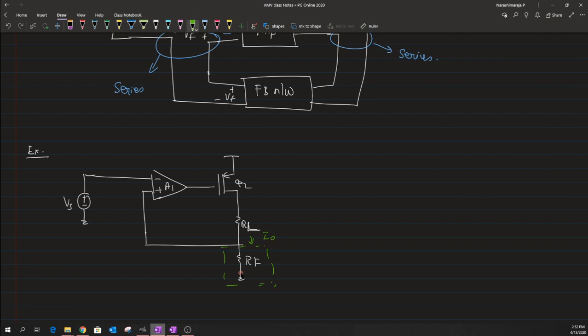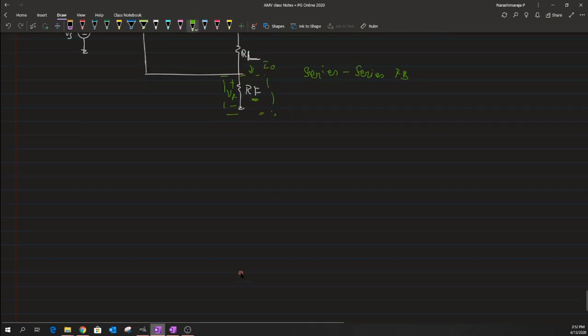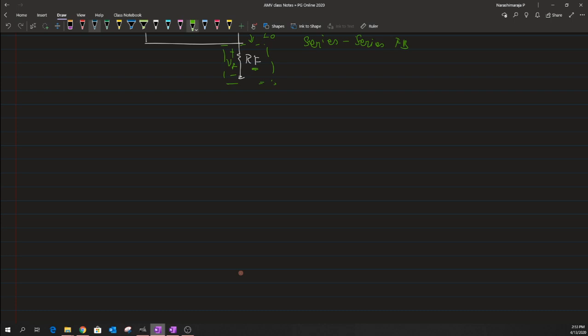We are sampling a current through the load, and then the drop across this RF creates a voltage Vf. That voltage will appear in series, just because we have Vi with plus and minus, and there is a Vf with plus and minus. That is how the feedback network RF creates something known as series feedback.